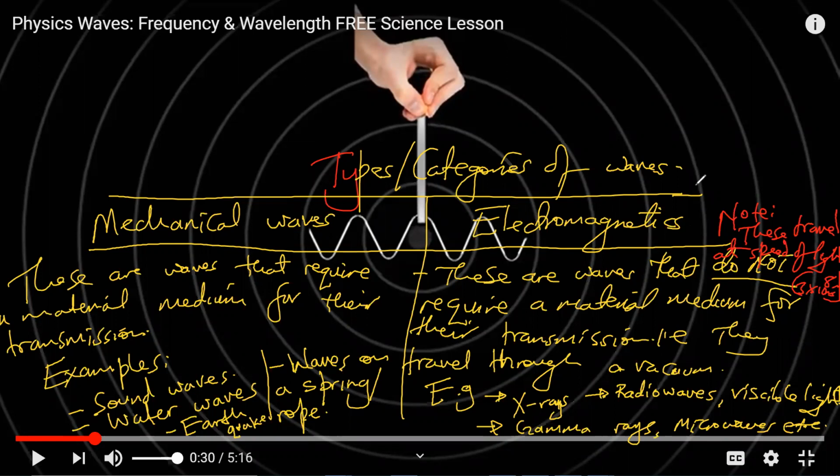There are very many other differences. We shall see them later on as we are concluding this. But at the moment, what we need is the definitions of each of these two, and of course, their examples. After this, we shall also be looking at the transverse waves and the longitudinal waves. That will be later on, not now.